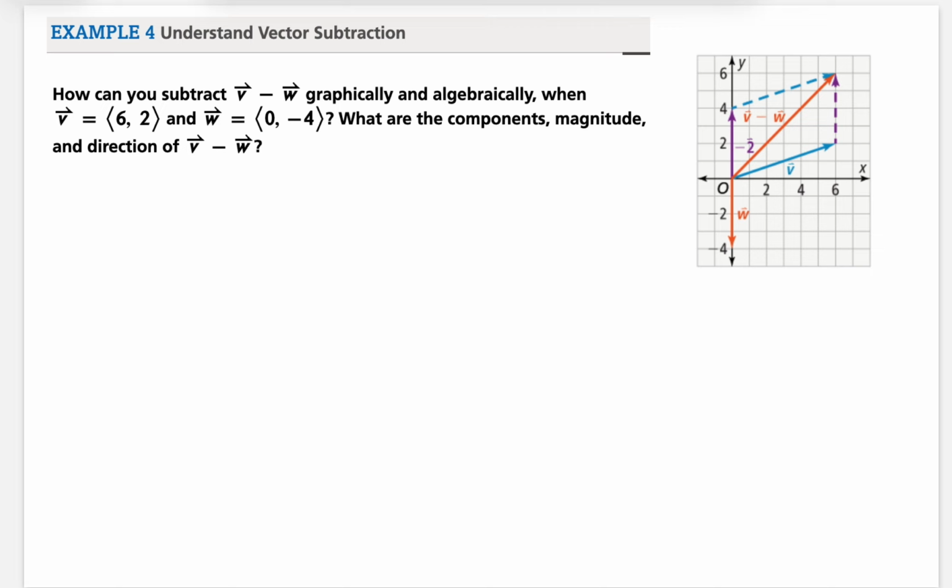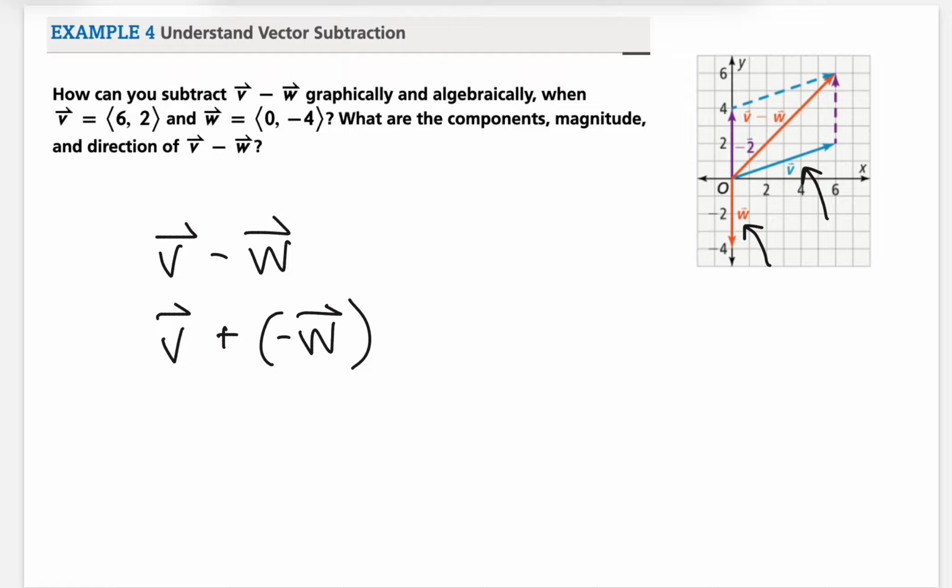So you can see v is the blue vector right here, and w is the orange vector right here. So if we're taking vector v minus vector w, another way of thinking about that is to just take vector v plus negative vector w. So negative vector w would be just moving it in the opposite direction but the same magnitude.